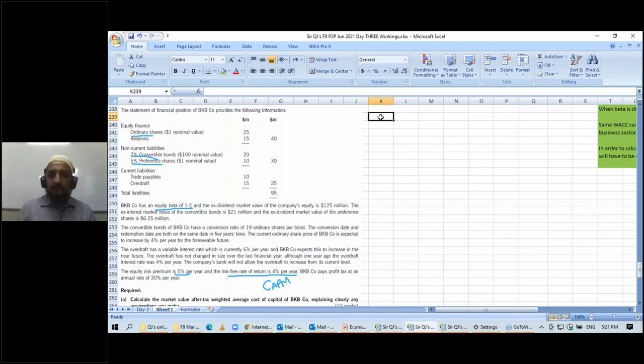We'll be taking the market value of equity, then market value of convertible bond, and market value of preference shares.